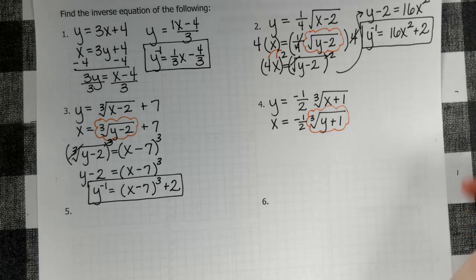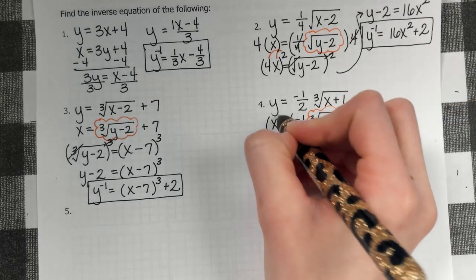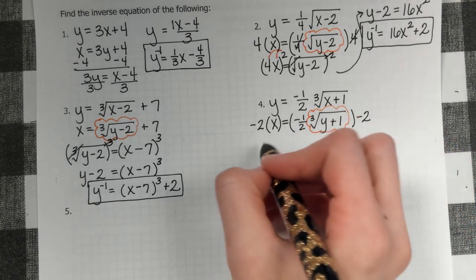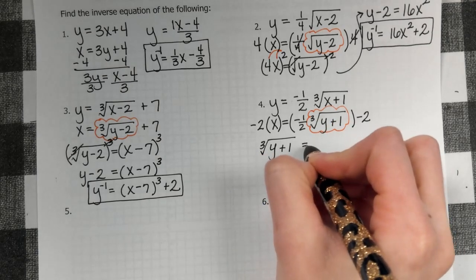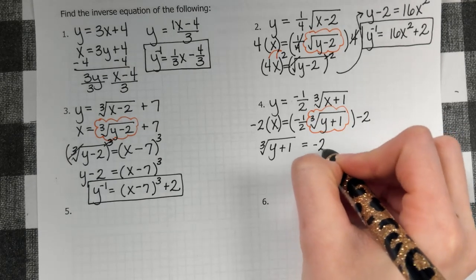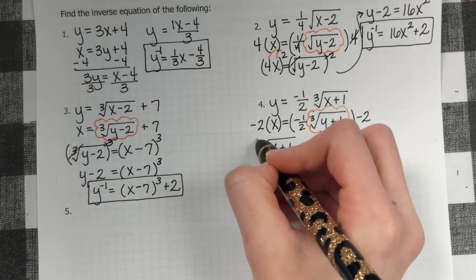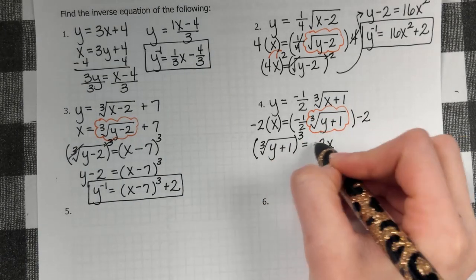Multiply both sides by -2 to get rid of that negative 1/2. So then I'm going to rewrite the cube root of y plus 1 equals negative 2 times x, which is negative 2x. And then I'm going to do what? Cube both sides to get rid of that radical.